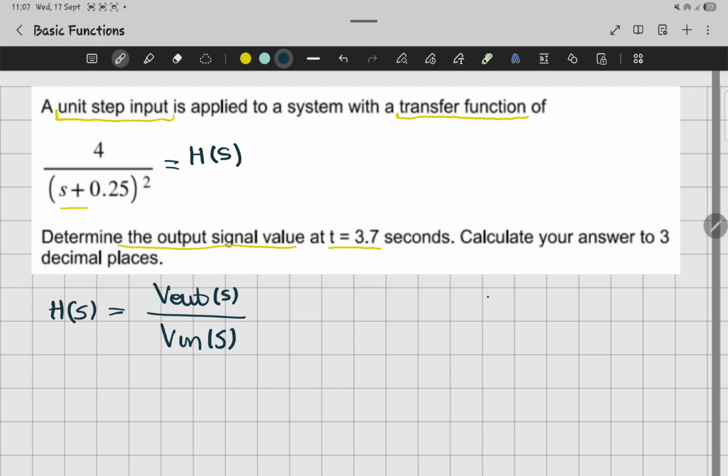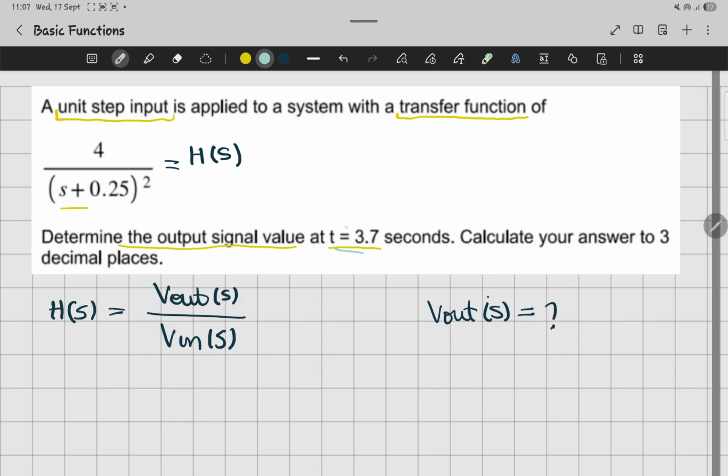The question is to find V out first. We're going to get V out and then apply the inverse Laplace, so we can plug the value of T inside V out.